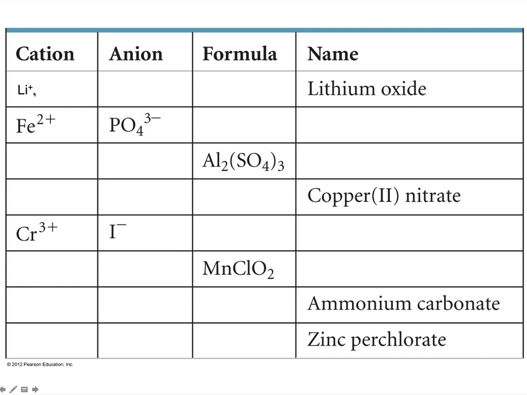The cation for lithium oxide is Li+. So lithium only has one oxidation state. It is a group 1 metal, so it has a +1 charge. The anion, oxide, is O2-, and so the chemical formula has to balance the charge, so Li2O.